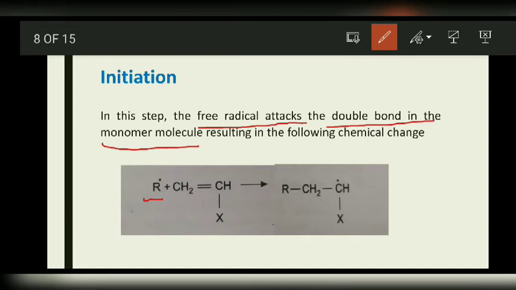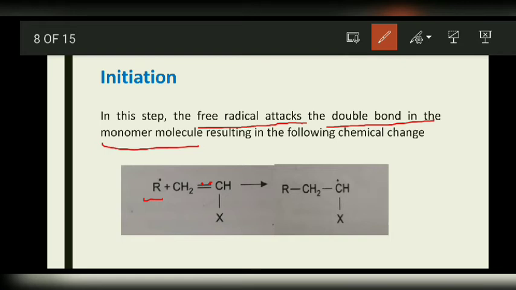I will represent these pi electrons as 2 dots. These pi electrons are not very close to the nucleus, hence they are loosely held and are susceptible to attack by free radicals.